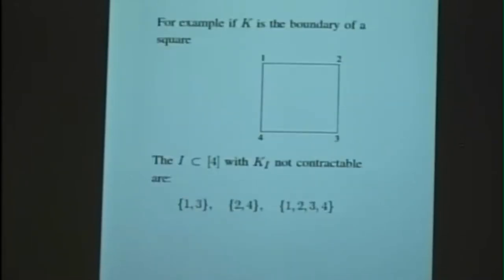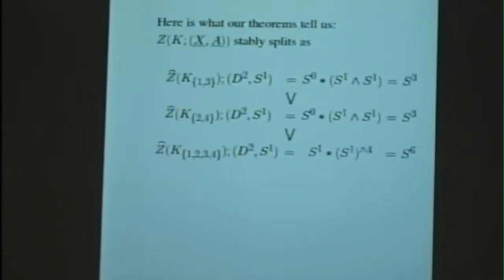Okay, here's a quick example to illustrate what I've been doing. Take a square with 4 vertices. Then from the wedge lemma, we're only interested in the K_I which are not contractible. There are only 3: {1,3}, which is a 0-sphere, {4,2}, which is a 0-sphere, and the whole thing, which is a 1-sphere. Feed that into the decomposition using the wedge lemma. We get a 0-sphere joined with, now I have 2 copies of the circle, one for each vertex. That gives me the 3-sphere.